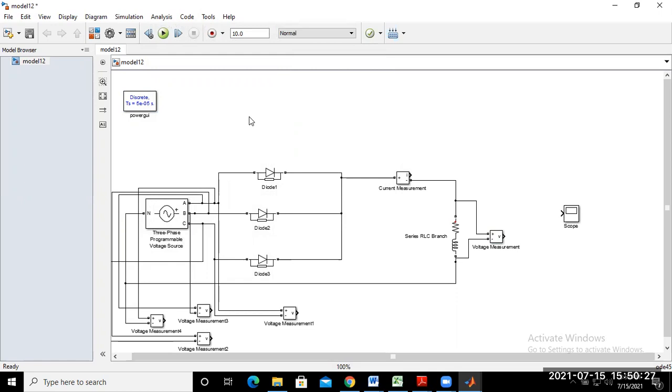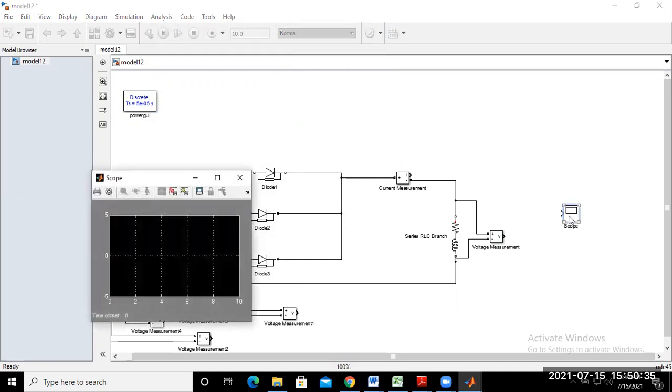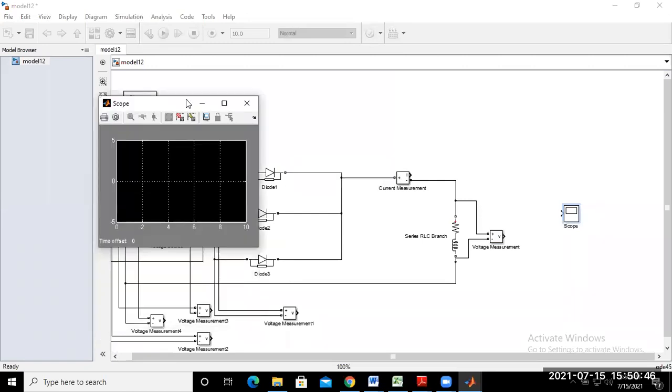Now we just increase the number of axes in a scope. So just click on the scope. How many axes do you require? Just count how many measuring instruments you connect in your circuit, and then create the number of axes accordingly. So 4 voltmeters on the supply side and 1 voltmeter on the output side, that is 5, and 1 ammeter for the output current measurement.